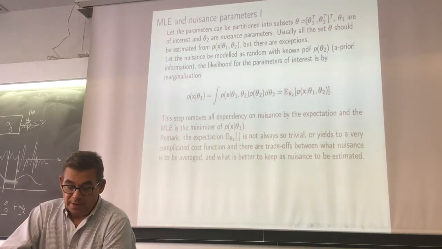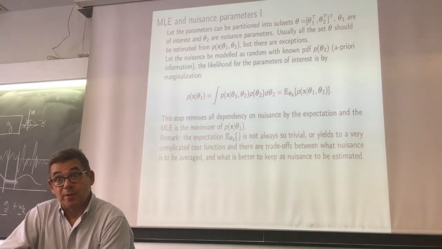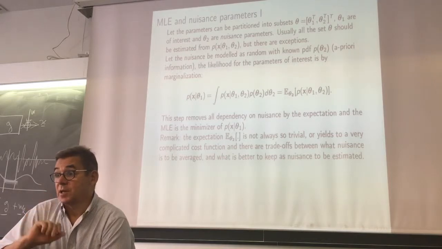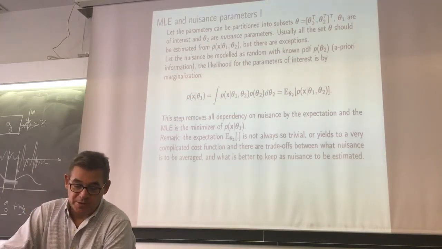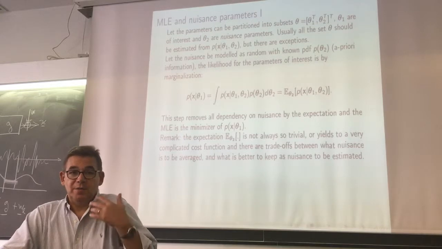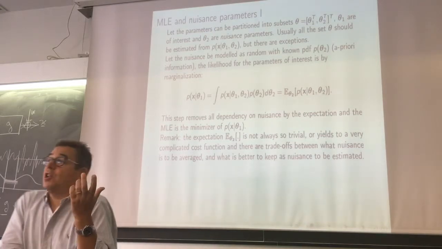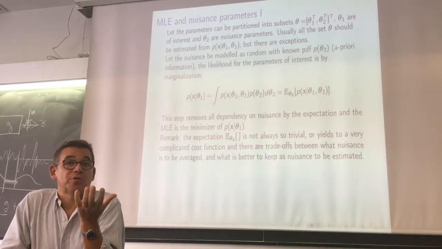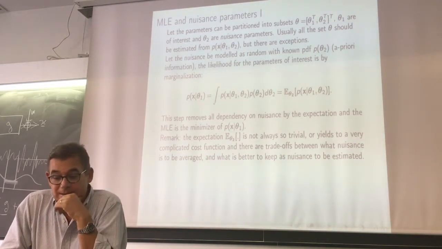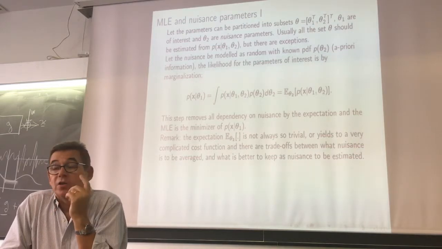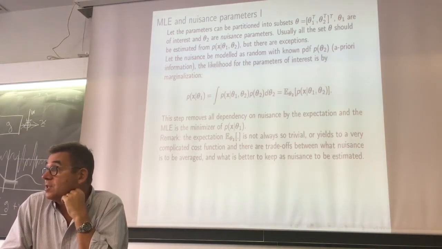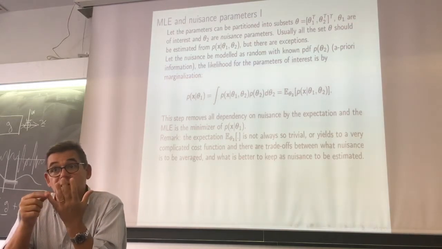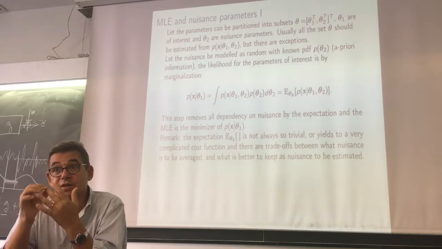Now, this is a kind of delicate problem. The problem of nuisance. Now, what is a nuisance parameter? A nuisance parameter is a set of parameters that is part of the estimation process, but is not really of interest for my application. Let's assume that my goal is to estimate the frequency of the sinusoid. But in modeling the sinusoid, there is a frequency, amplitude, and phase.